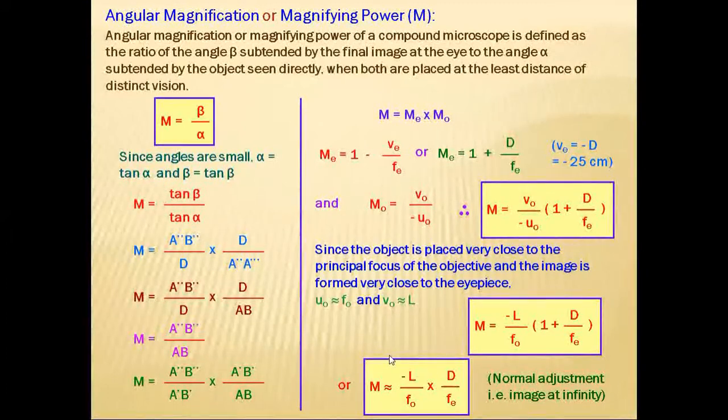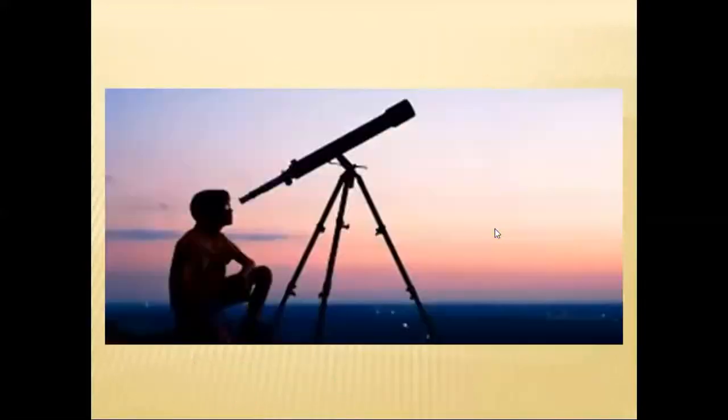This is the equation for magnification, and we can use these types of equations. So the main equation of the compound microscope is M equal to minus V_O by U_O into 1 plus D by F_E. Here there is a minus. And now we discuss telescopes.